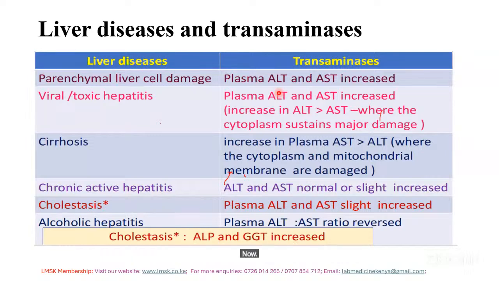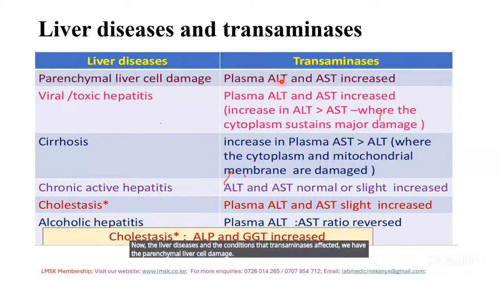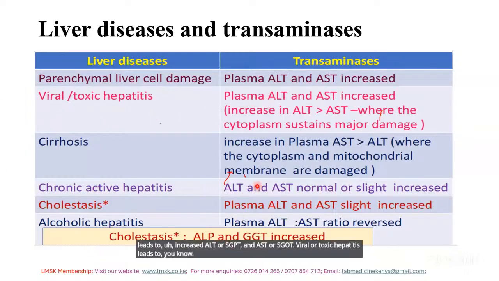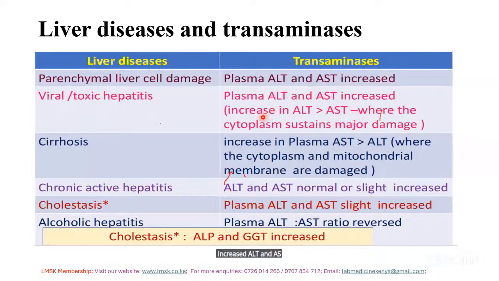Now, the liver diseases and the conditions where the transaminases are affected: parenchymal liver cell damage leads to increased ALT or SGPT and AST or SGOT. Viral or toxic hepatitis leads to increased ALT and AST and reversal of that particular ratio.